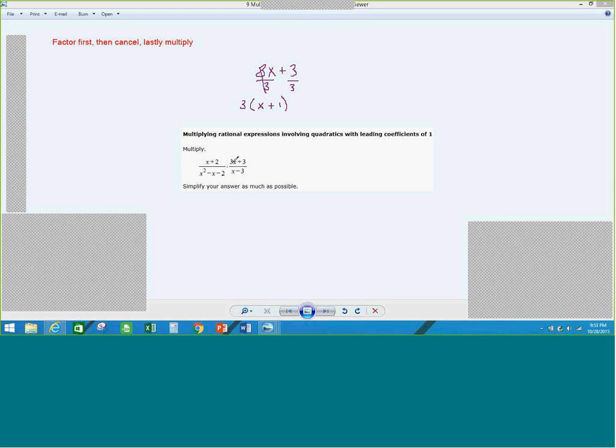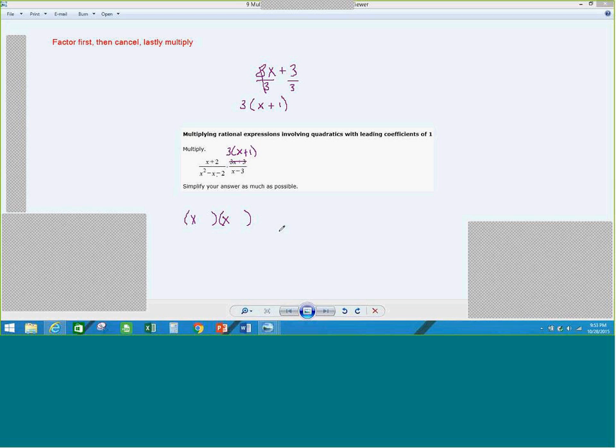All right, so now we have 3 times the quantity of x plus 1. Then here in the denominator, I see a trinomial. The leading coefficient is really 1, so that's going to become a reverse FOIL. Split my x squared into x and x.